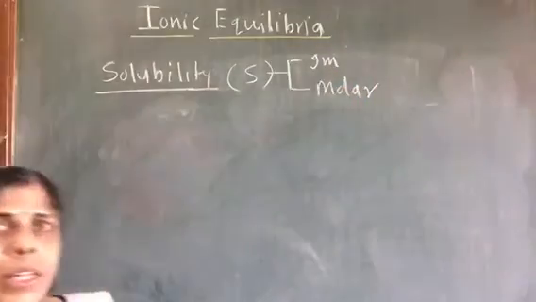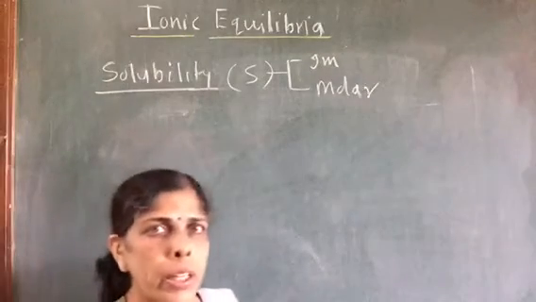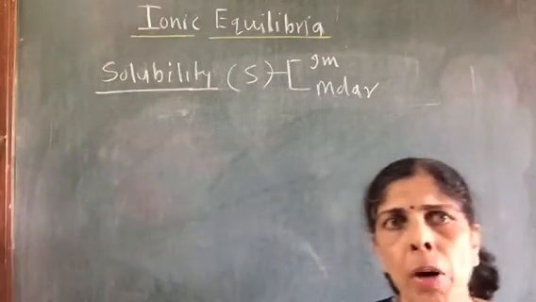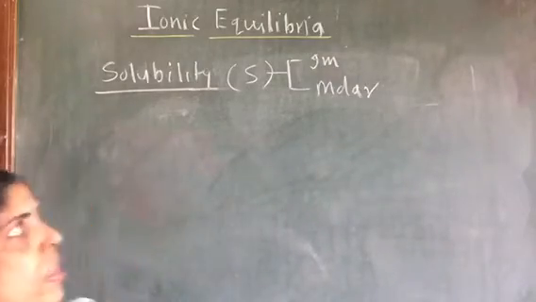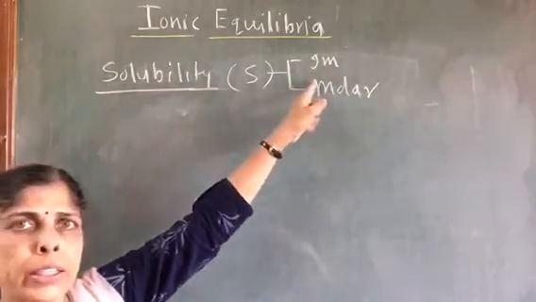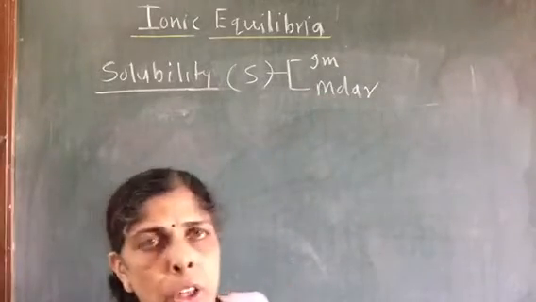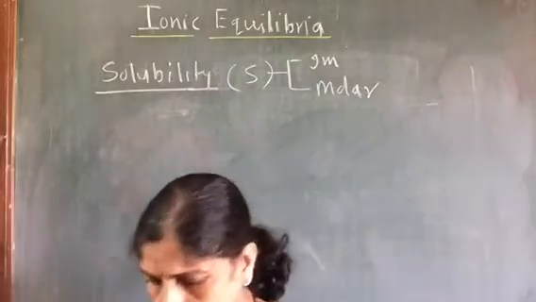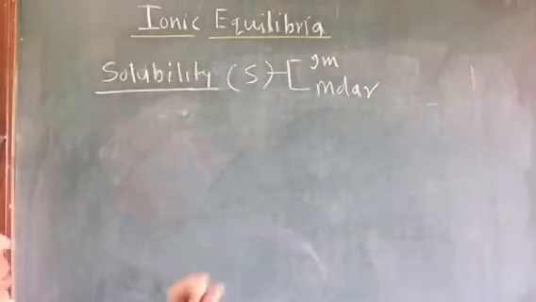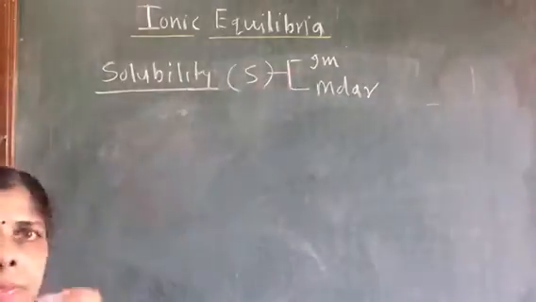What is gram solubility? Gram solubility is the amount of substance in grams present per liter, per milliliter, or per cubic meter, in a fixed quantity of solvent.